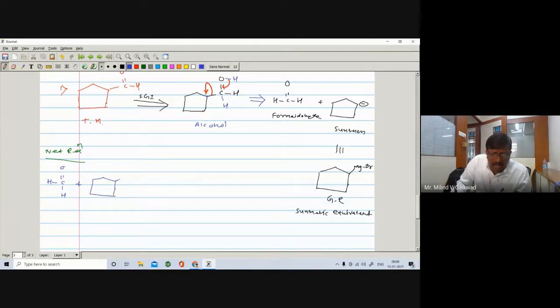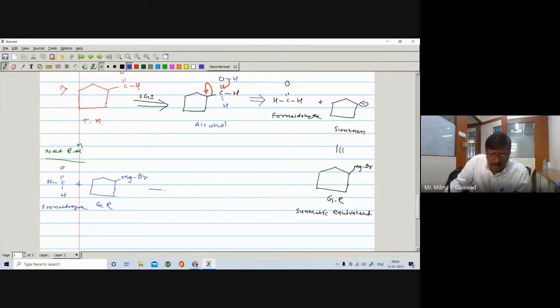This is your R, and here is Mg and Br. So it is your Grignard reagent.